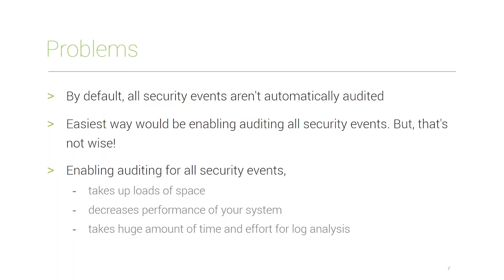It also takes up loads of space on your computer, being a resource-intensive task, eventually decreasing the performance of your machine. Further, they also take up the time and effort to analyze huge amount of log data. So, it is better not to audit events that don't really interest you.